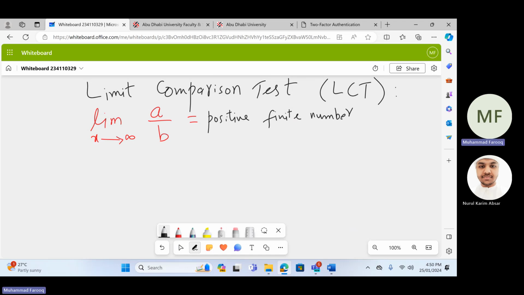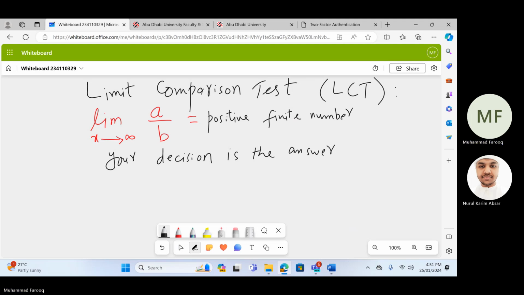So it means whatever you decide about B is your answer. What do you mean by decision? Decision means when you generate the second function, you check whether it is a P series that converges or diverges. So whatever you decide about B is the answer. If you decide it converges, the answer is converges. If you decide it diverges, the answer is diverges.